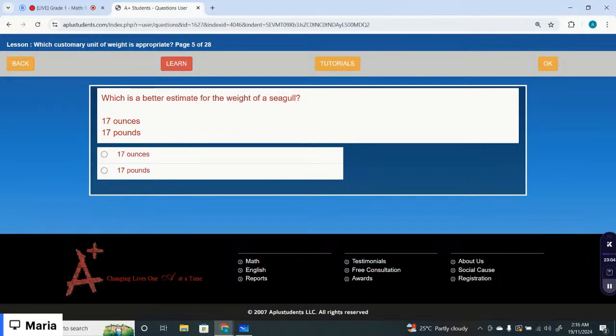Which is the better estimate for the weight of a seagull? 17 ounces, 17 pounds.